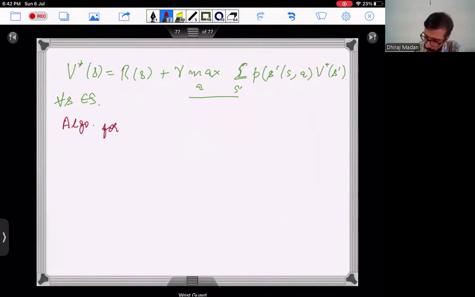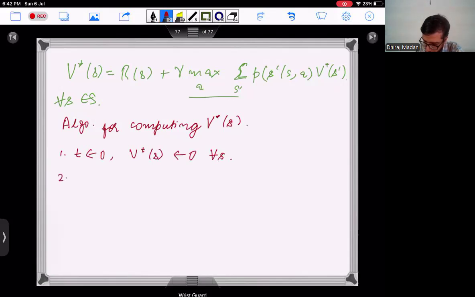So the following is the algorithm for computing V star of S. Essentially, we initialize t as 0 and V_t of S as 0 for all S. And next we repeat until convergence.